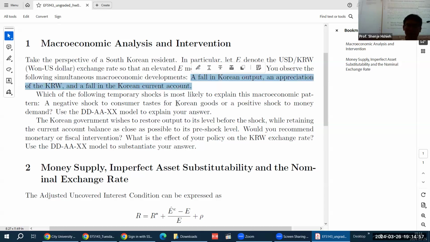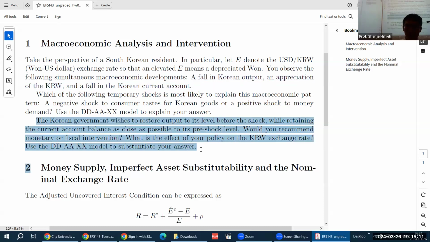So all these things have to be true. And our job is to find a way to explain what happened to arrive at the following things that we observe. And then the final part of the question asks you, how can the Korean government combat this negative output effect to restore your original starting point?